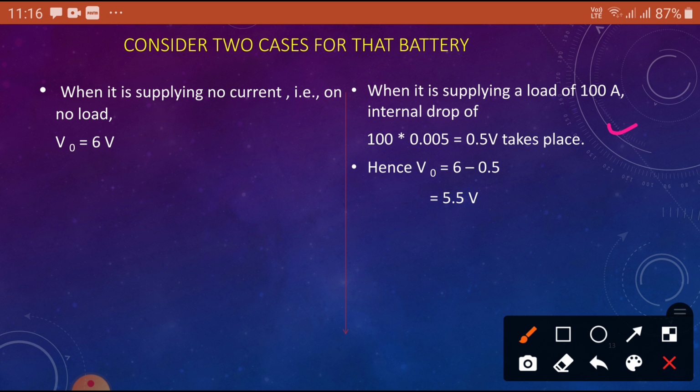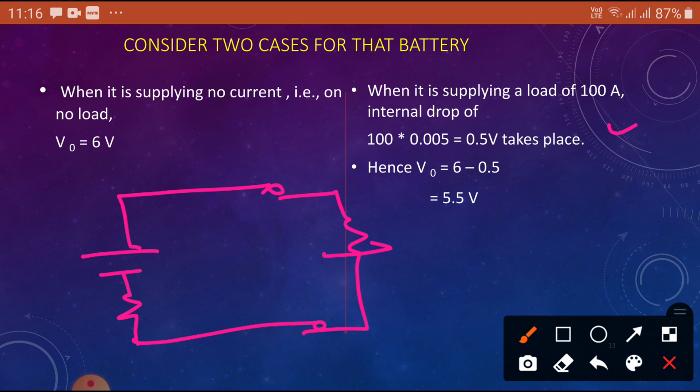Now, in the second case, if this is connected to the load, nearly 100 amperes current is flowing. So I is 100 amperes. What is the resistance here? 0.005 ohms. Now, what is the drop?